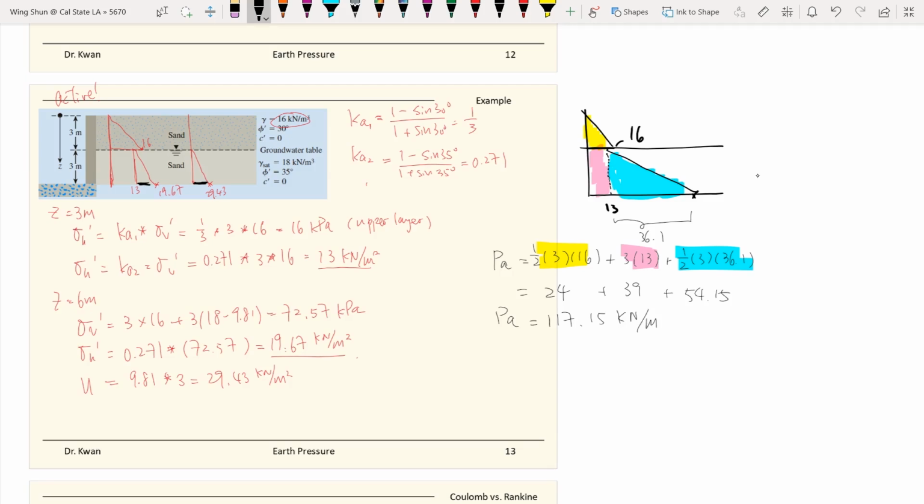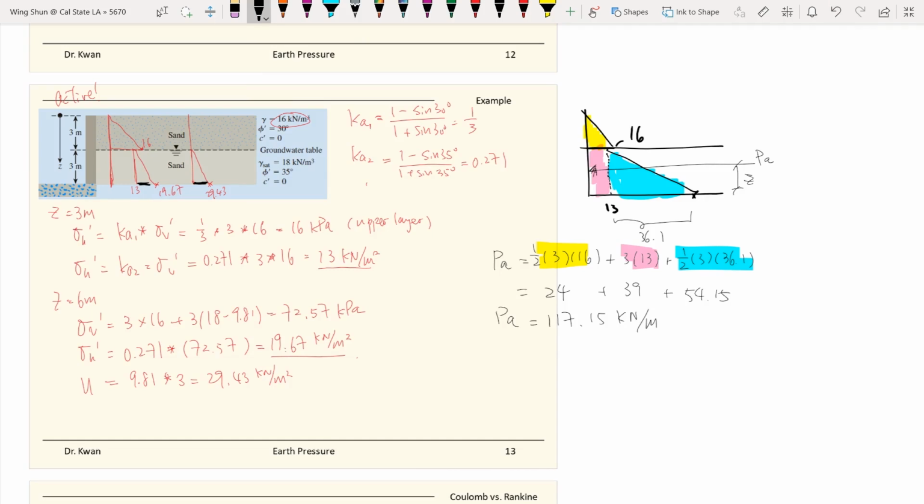But now the question is, what is the location of this force? So we know this PA, and now we need to find out the location.